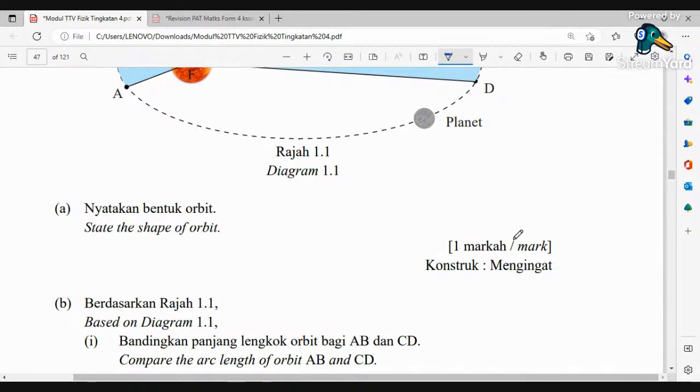You can see the shape is ellipse shape. For section B, you need to write the answer in the space given, not here. So I just write here so that you can refer to the question at the same time. Ellipse shape.